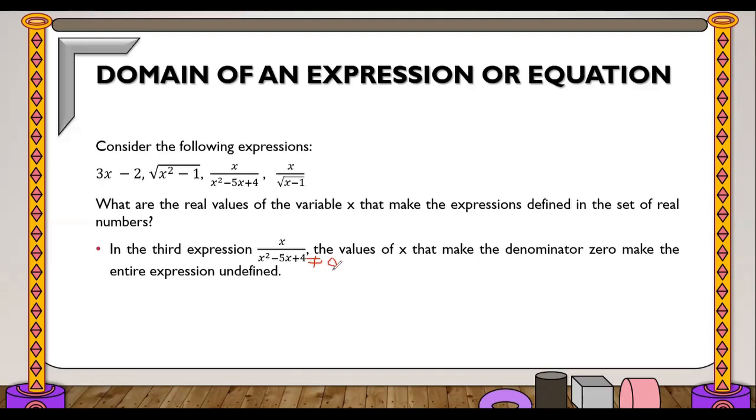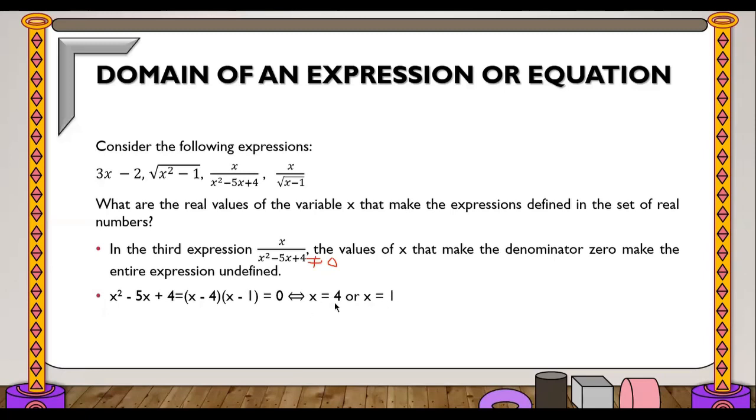Kaya, iiwasan yung 0. So, we have x squared minus 5x plus 4 equal to 0. Pag kinuha natin yung factors, we have x minus 4 and x minus 1 equal to 0, meaning to say, the value of x is 4 and the value of x is 1.